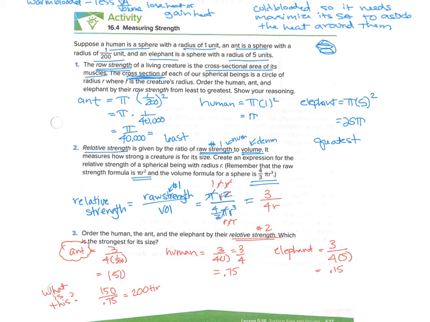The ant is 200 times stronger than the human based on its size. What the ant can carry around, what the ant can do, it's really 200 times stronger than we are. That's really something to think about. So the ant was my greatest relative strength, my human is in the middle, and my elephant had the least relative strength based on its body size.